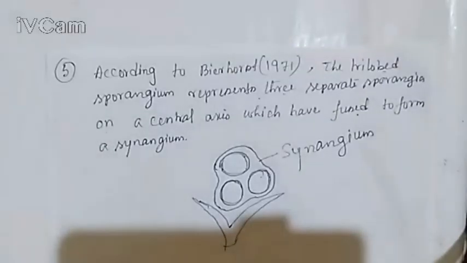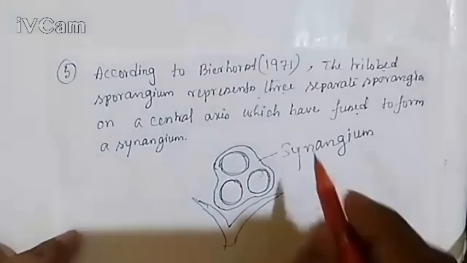So in this case, this is synangium, and this synangium was generally described by Bierhost. Now the question: what is synangium? I hope you understand these topics. According to Bierhost, the trilobed represents three separate sporangia on a central axis which have fused to form a synangium.